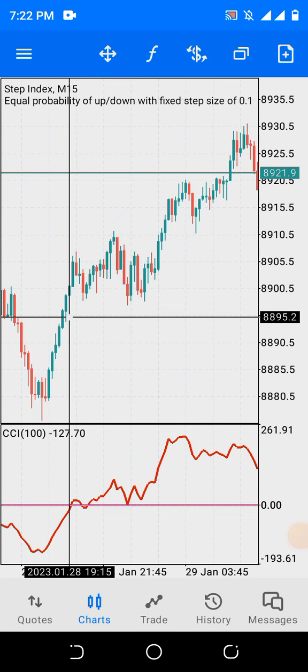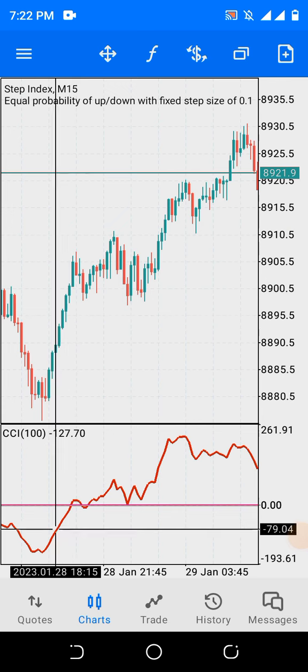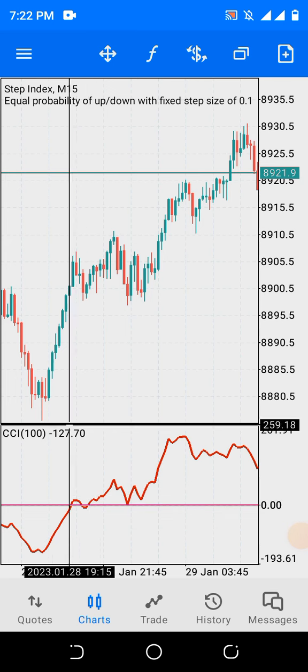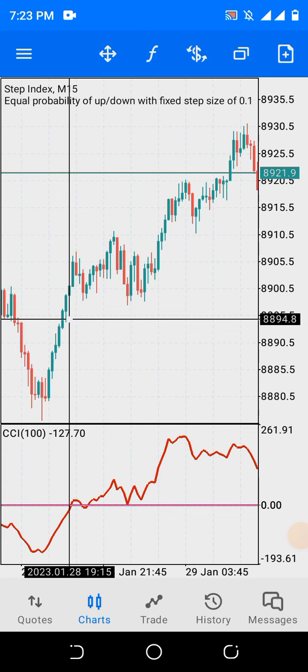When this CCI crosses this horizontal red line, that point of crossing is the point of interest. Once the crossing occurs, you make your entry.